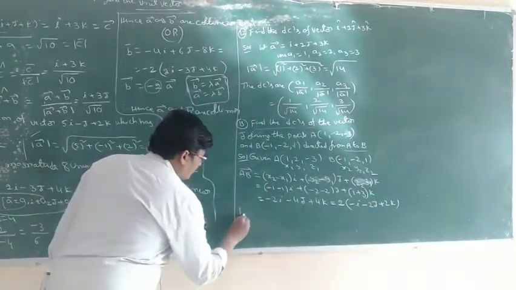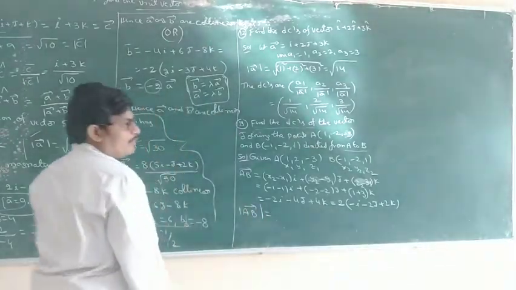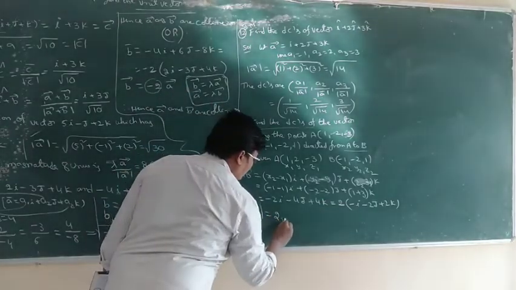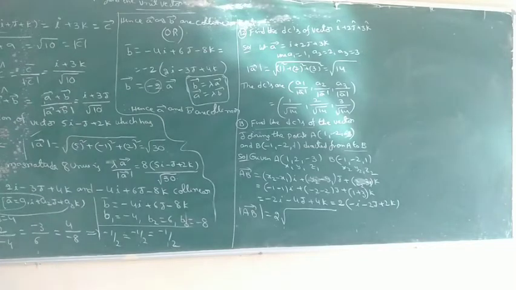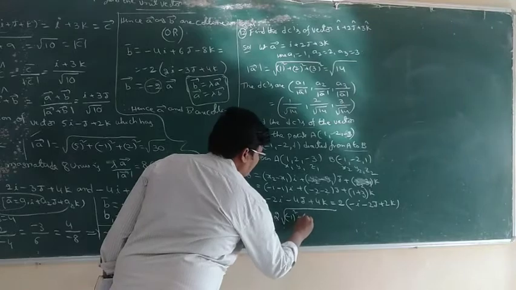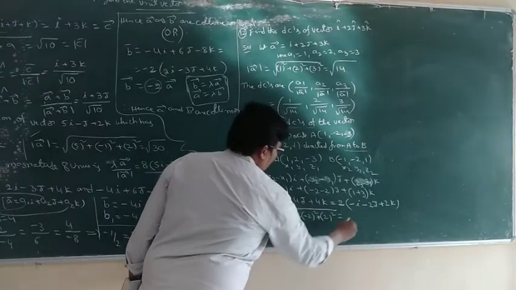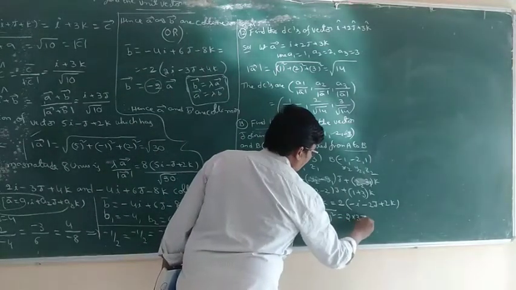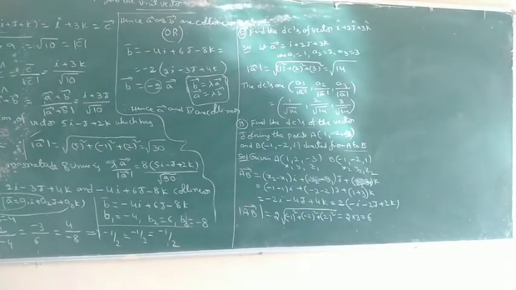So mod AB bar is equal to 2 into root of (-1) whole square plus (-2) whole square plus 2 square. So 4 plus 4 plus 1 is 9. So 2 into 3 equal to 6, root 9 is equal to 3.